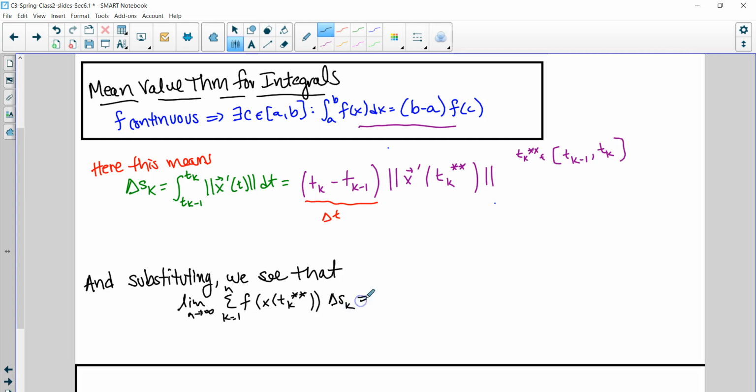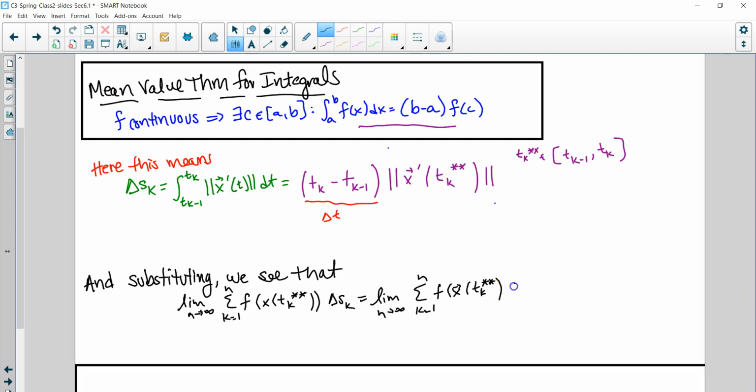And this is going to equal, by the above theorem, the limit as n goes to infinity, this whole part doesn't really change, sum k equals 1 to n of f of x of tk double star. Then I'm going to replace that with what I found above.